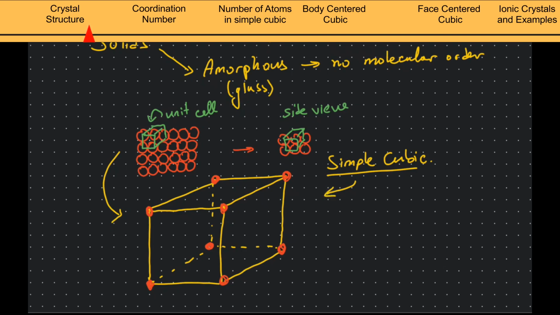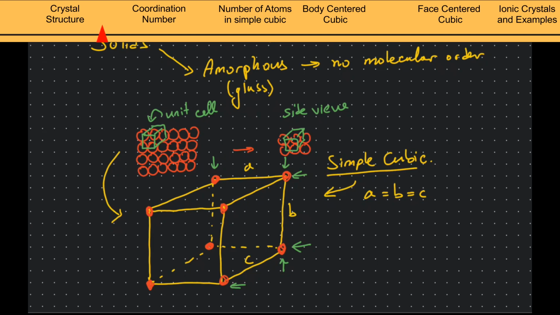In the simple cubic, the distance between these two atoms is a. And for instance, this is b, the distance between this atom and this atom. And there is also a distance between these two atoms, and this is c. a equals b and b equals c.